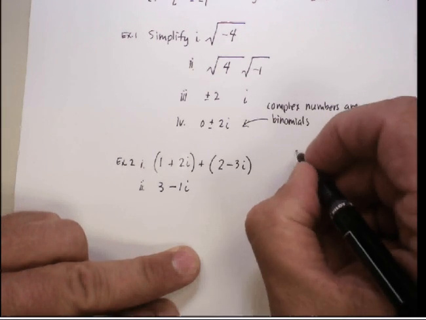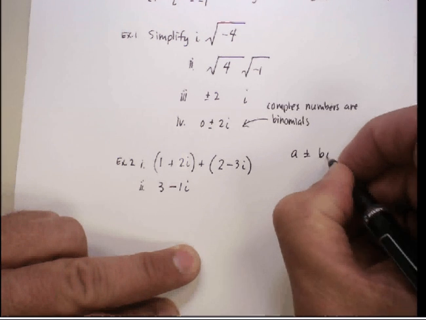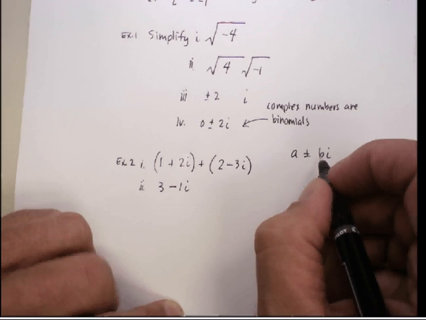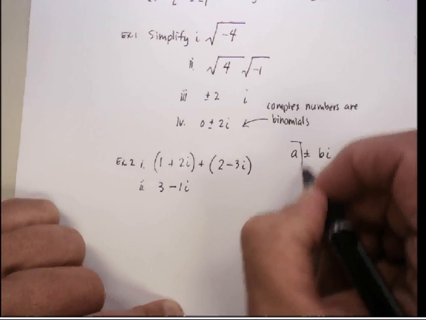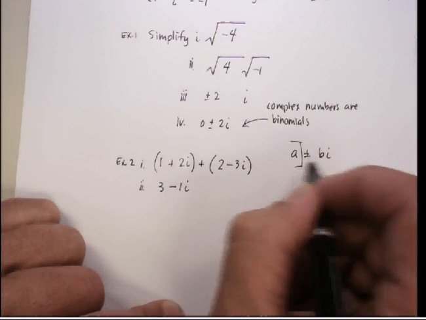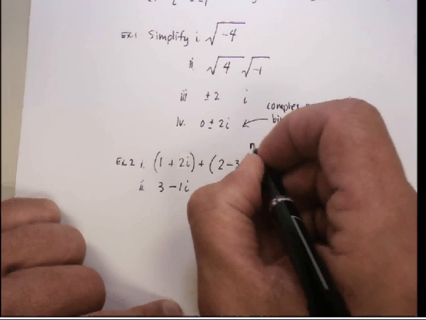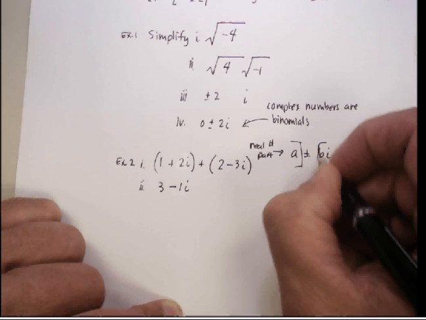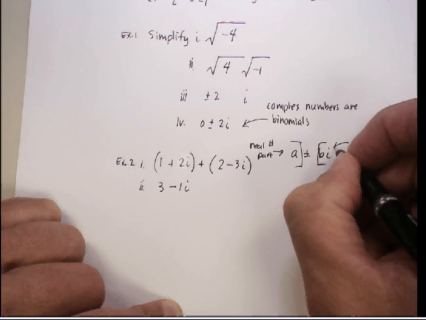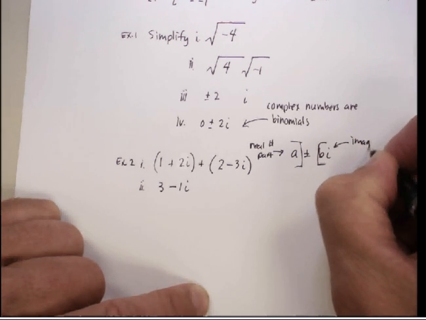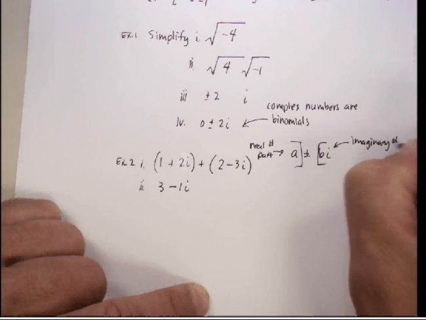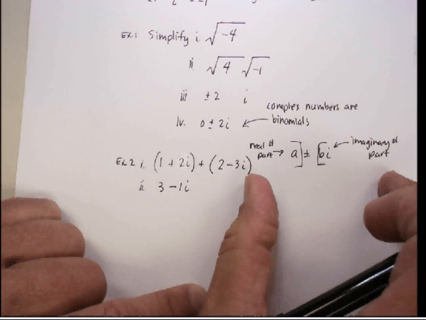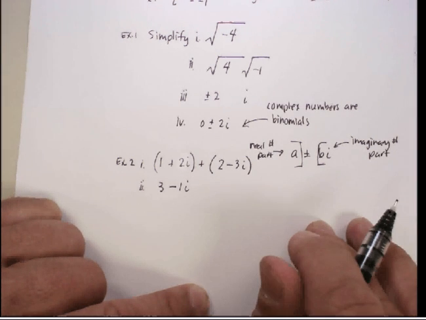So the a parts, you're going to add the a parts and subtract the a parts, or you're going to add the b parts and subtract the b parts. I like to think of this part of the complex number as the real numbered part, and this part as the imaginary numbered part. And complex numbers are made up of real parts and imaginary parts.